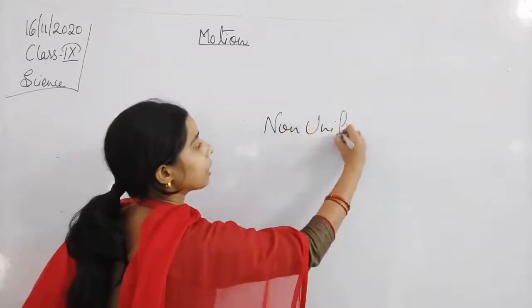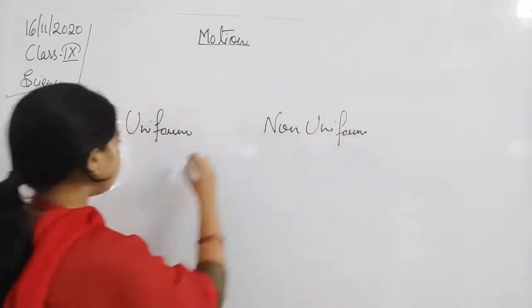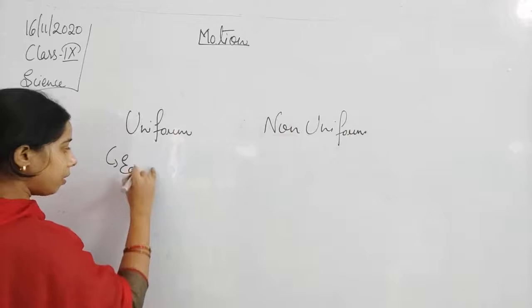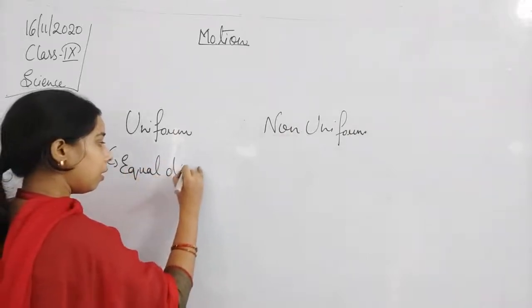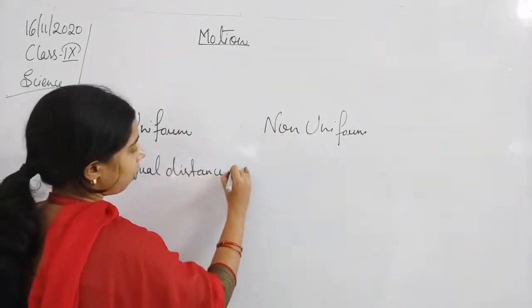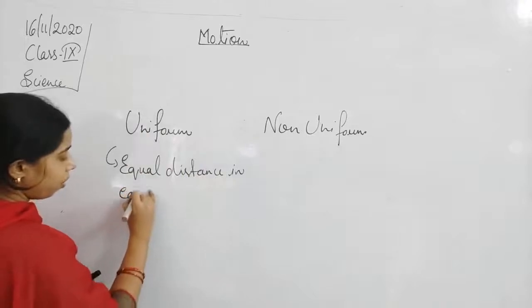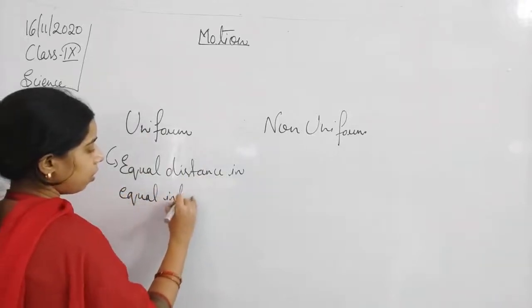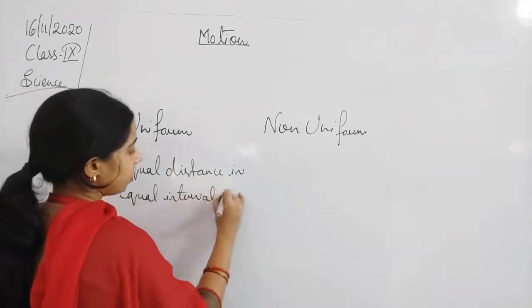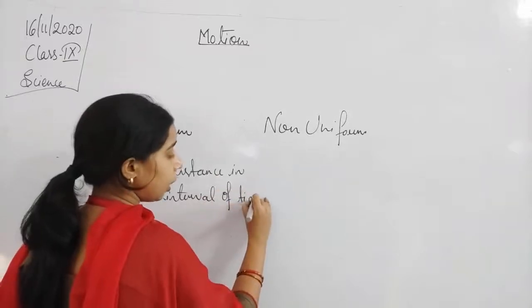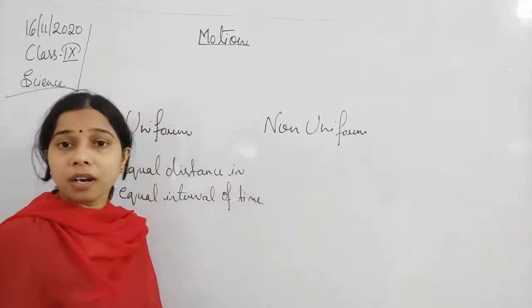The name itself explains the motion. Uniform means equal distance in equal interval of time.